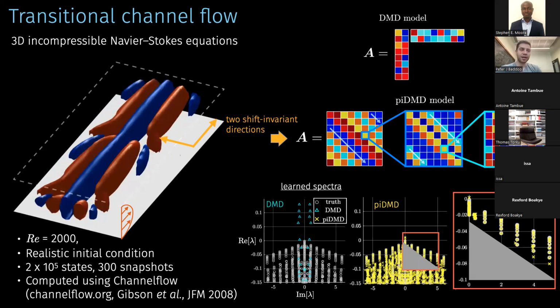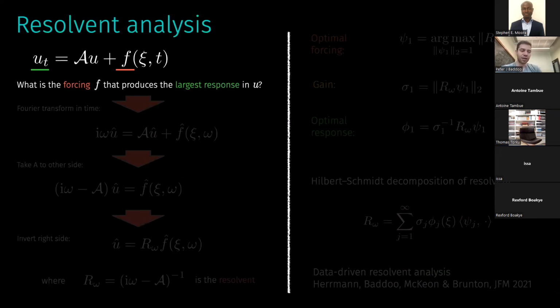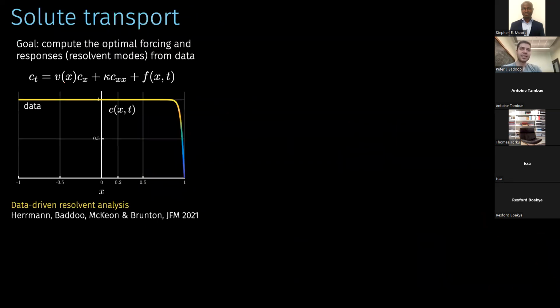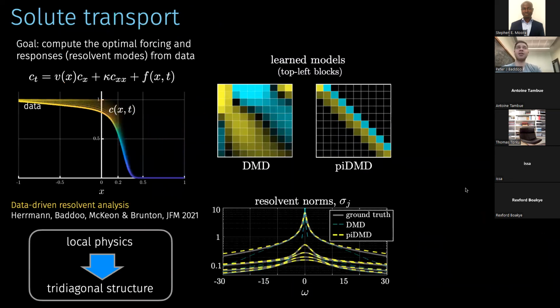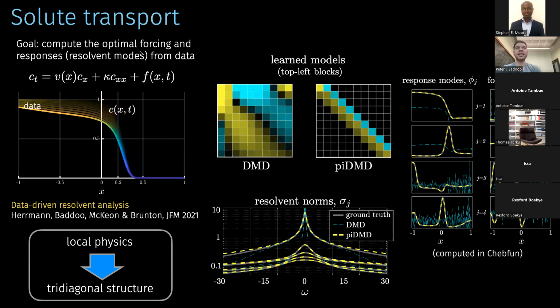So maybe I'll just skip this slide and show you another application where, instead of incorporating a symmetry or a conservation law, we here incorporate locality. In this situation, we are forcing our physics-informed dynamic mode decomposition to respect the locality of the system.